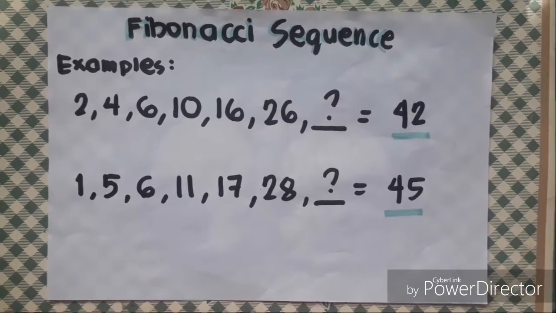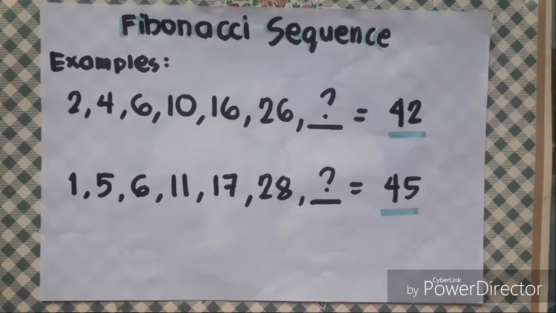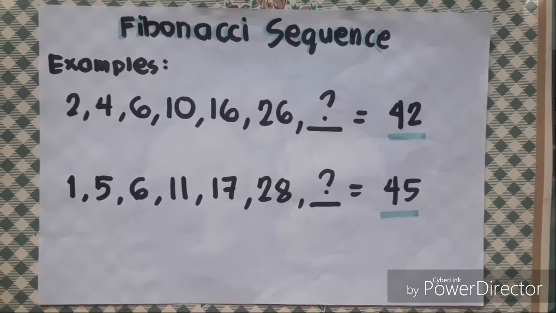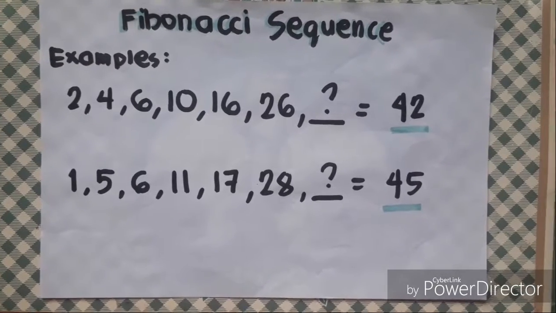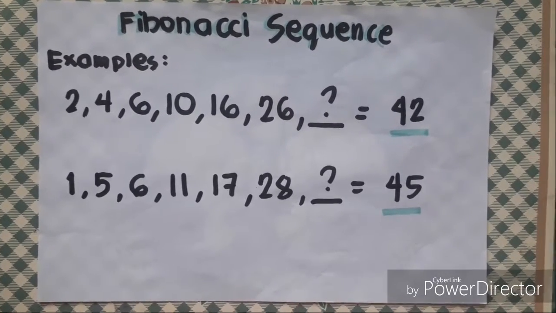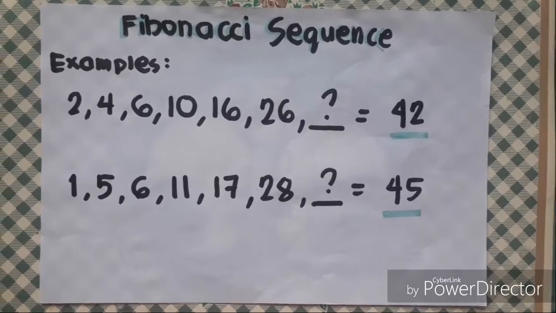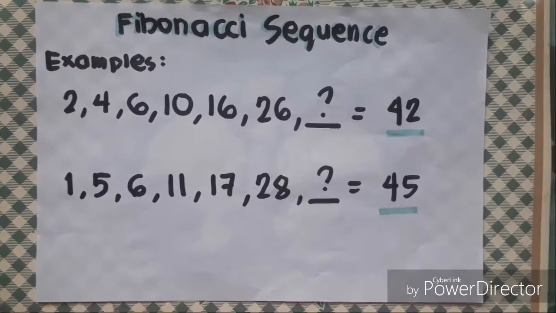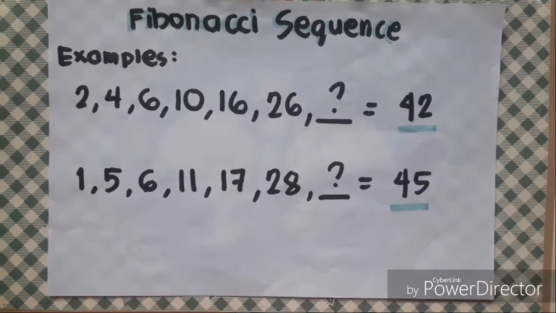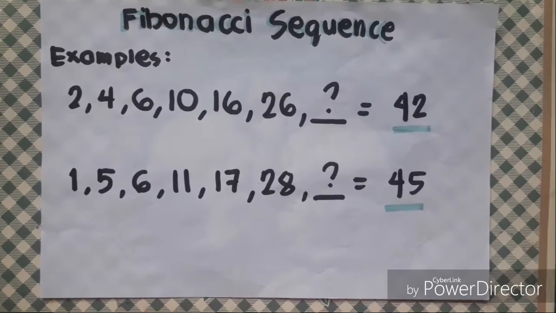And what will be the answer? Since Fibonacci sequence is the adding of two first number to get the third number, we will add the 16 and 26 to get the answer in the next number. 16 plus 26 would be 42.